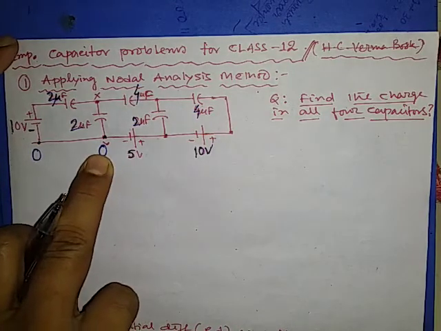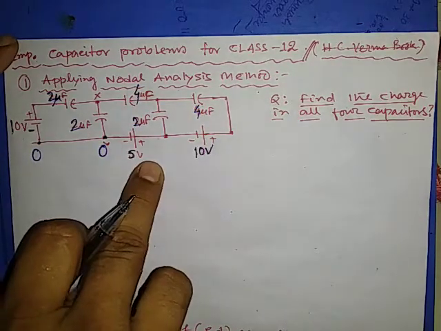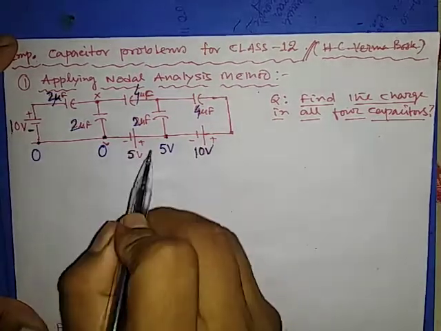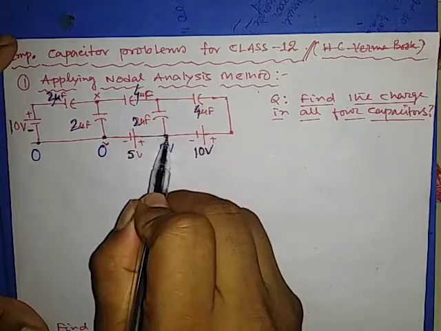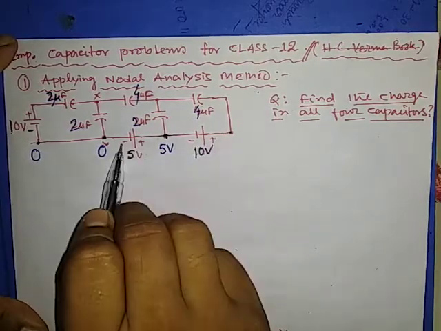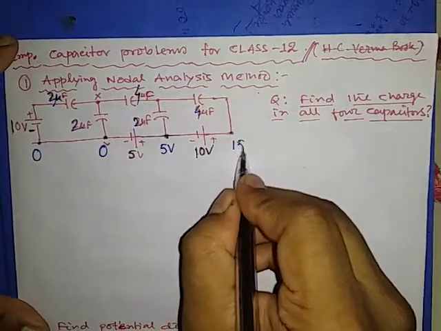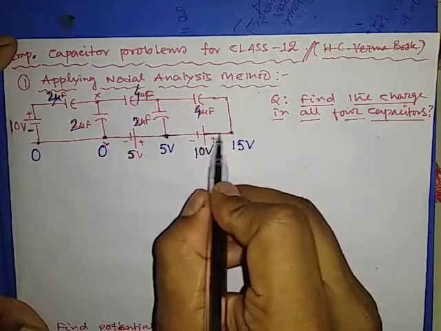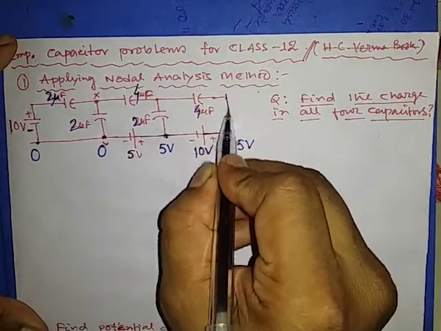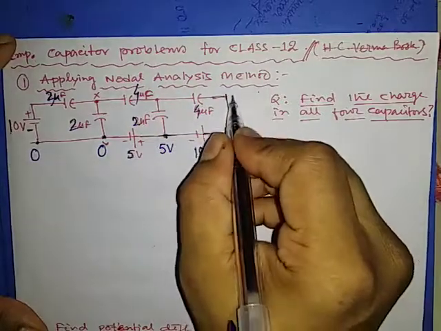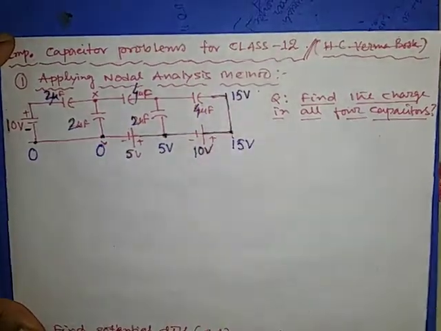Now 0, then addition of 5 volt, so you can write 5 volt here, right? And this 5 volt is attached with 10 volt in a similar way, so 5 plus 10, you can write 15 volt. Am I right, students? Similarly, see, this 15 volt is attached with this line, and up to this there is no capacitor, so we can write 15 volt here also.